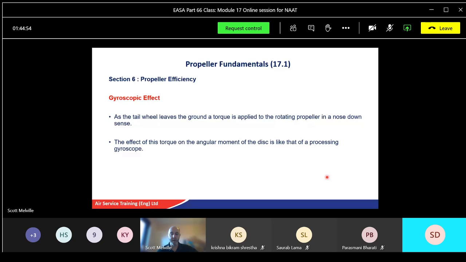If we try and act perpendicular to the disc, we call it precession. We go back to your Module 2 physics days. So an effect of the torque on angular movement of the disc is like a precessing gyroscope. We're going to try and spin it. So in effect, what we're saying is the torque appears 90 degrees removed from the point of application, in the direction of rotation, again producing a yaw to the right.